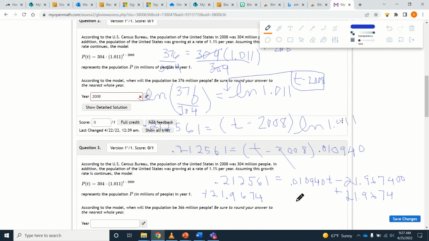And I'll put that left side in my calculator. 21.9674 plus 0.212561 is 22.179961.